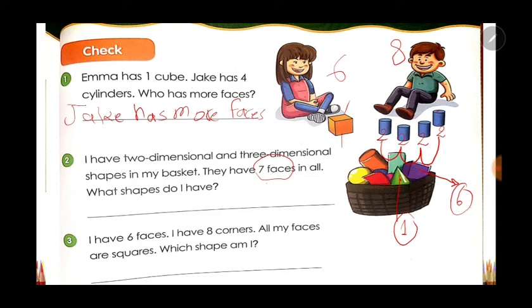You can choose any answer you want. Maybe you can choose a cube or rectangular prism, and a cone. Excellent. So I have 2D and 3D shapes. So it's a cube and a cone.